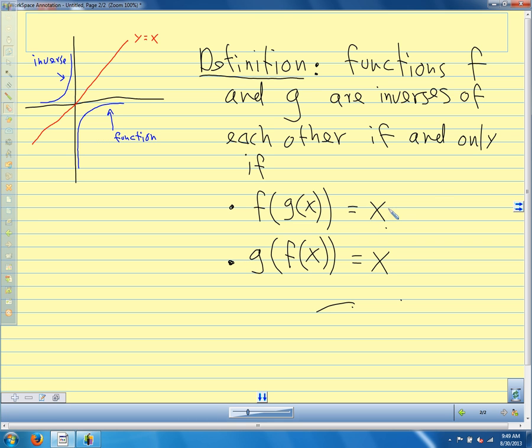If you're going to have problems tonight in the homework that say, determine if these two functions are inverses of each other, this is your test. Form the composition, see if you get x back out. Questions on that?